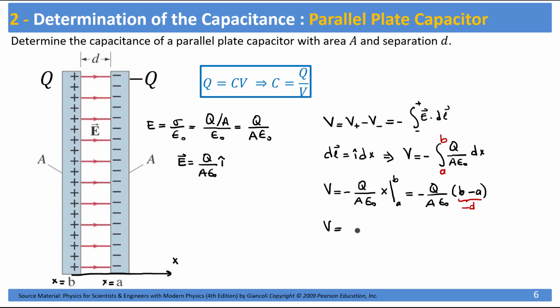So the voltage is then Q over A epsilon 0 times d, since minus minus gives you a plus. So we have our voltage.